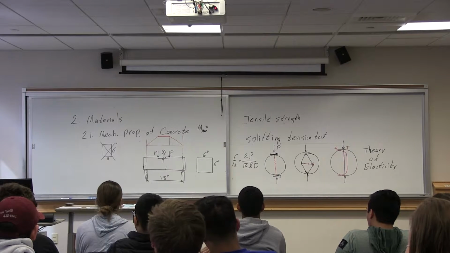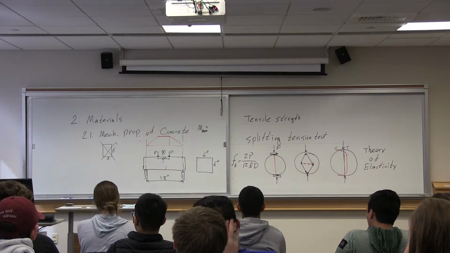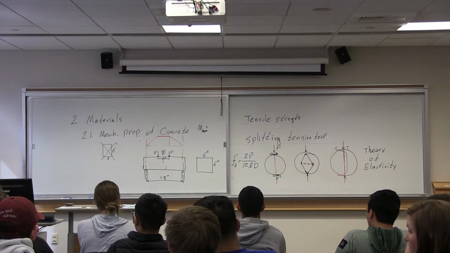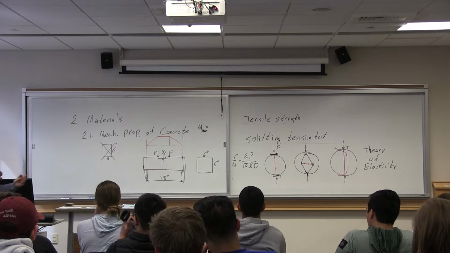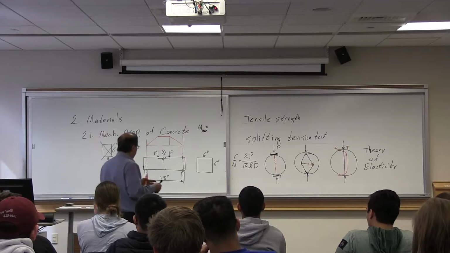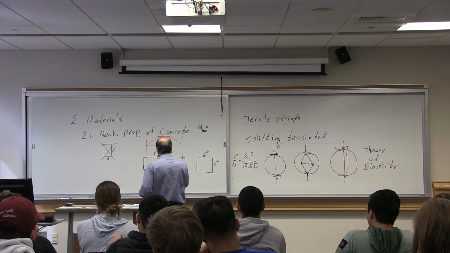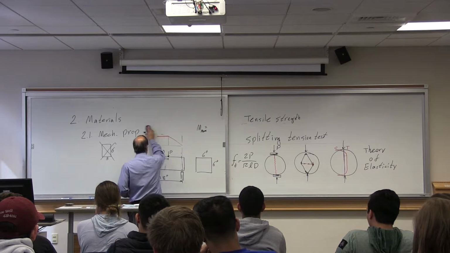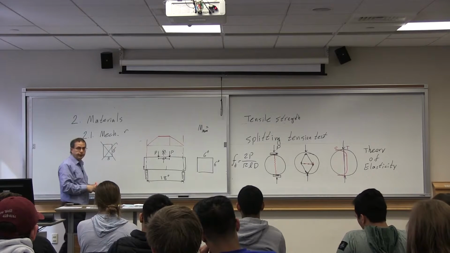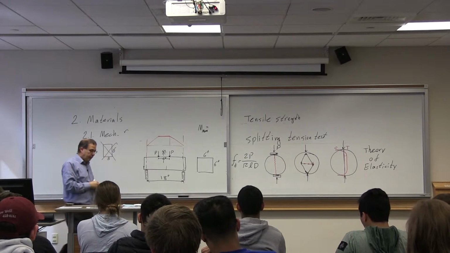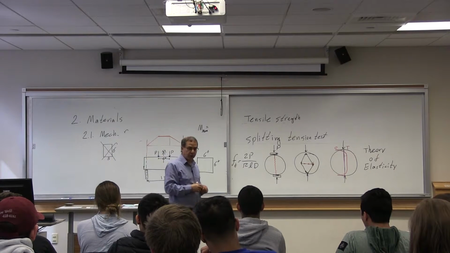How do you draw the moment diagram? One way is to draw the shear diagram first and then draw the moment diagram. That's the standard approach. We can just skip that part as well. I'll explain in a moment. But what does the shear diagram look like here? Do you do anything before drawing the shear diagram?